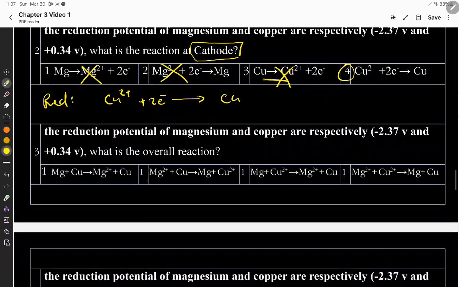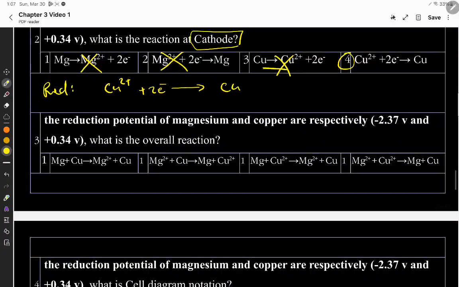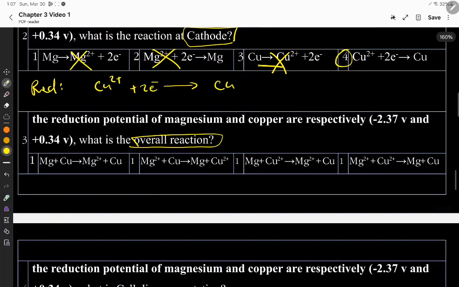Let's see here. The reduction potentials of magnesium and copper are given, the same question, but it asks us about the overall reaction. The overall reaction is going to involve oxidation of magnesium and reduction of copper. So Mg plus Cu2+ is going to be Mg2+ plus Cu, which is 0.